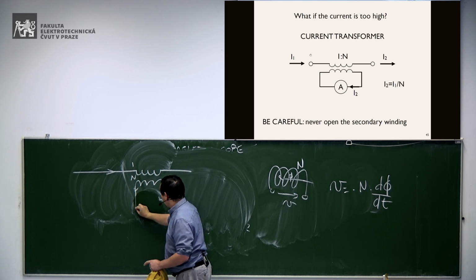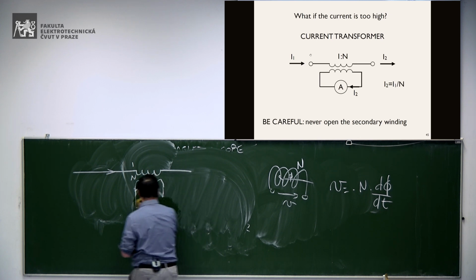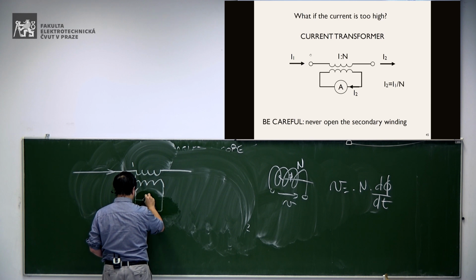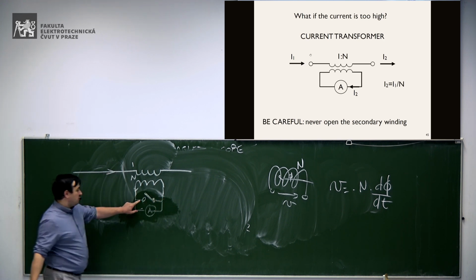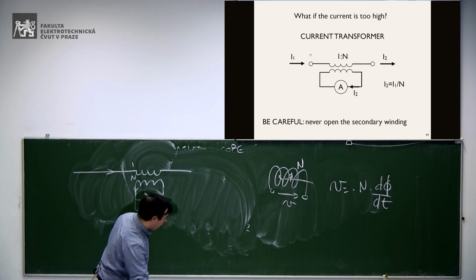That's why, on current transformers, you always find a switch over the ammeter terminals. Why?